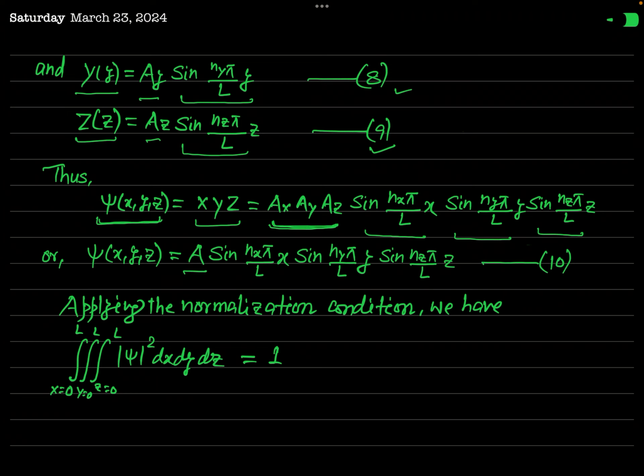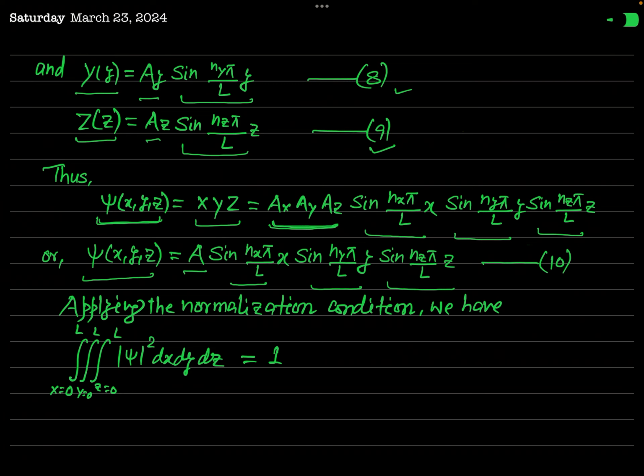So finally, you can write the eigenfunction in this way: psi of xyz is equal to A times sine nx pi over L x times sine ny pi over L times y times sine nz pi over L z. This is the eigenfunction.